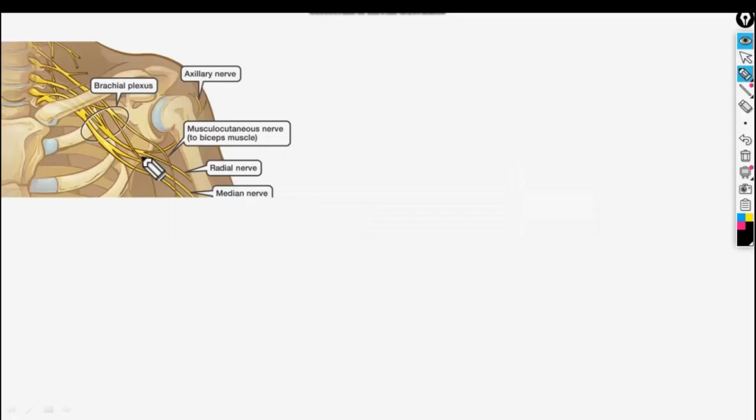Now we will see Klumpke's paralysis. This is due to injuries to the roots of C8 and T1 or to the lower trunk of the brachial plexus. These injuries happen here, whose mechanism we will discuss soon.